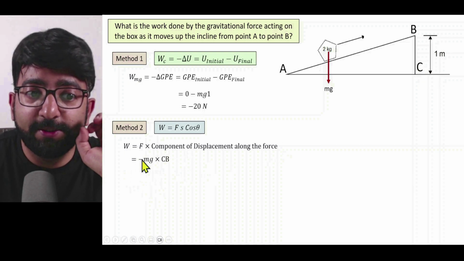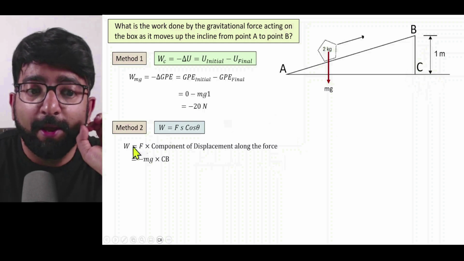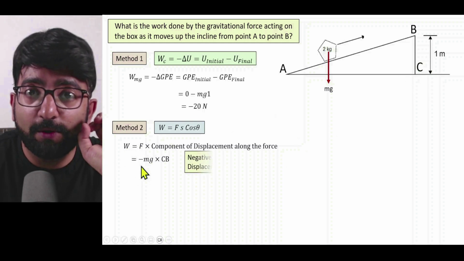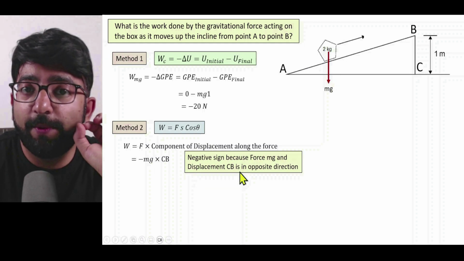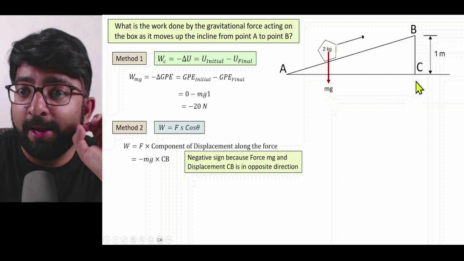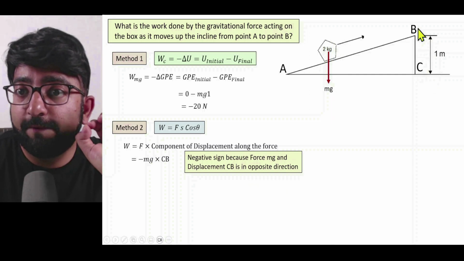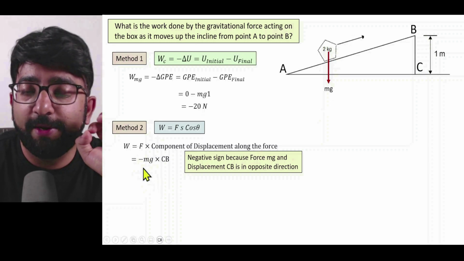Then we can write this expression as force is mg and the component of displacement is CB. The reason we have put a negative sign in front of this formula is that the force mg and the displacement are in opposite directions. If you analyze this image, mg is downwards, and the object is going from C to B along the y-axis, so CB is up, mg is down, and that is why we have put a negative sign.